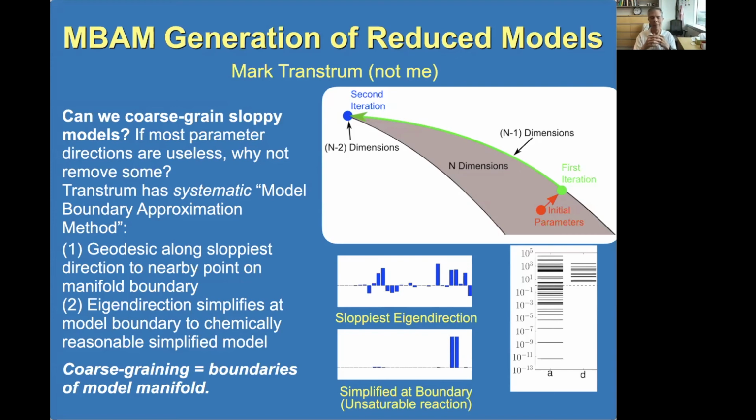And he not only found this for the sloppiest direction, but he would then simplify his equations. He would say, okay, I can take that limit. He had very flexible software that Ryan Gutenkunst had developed, so he could do surgery on his differential equation and run it again, do surgery on the differential equation, run it again, and he did so.